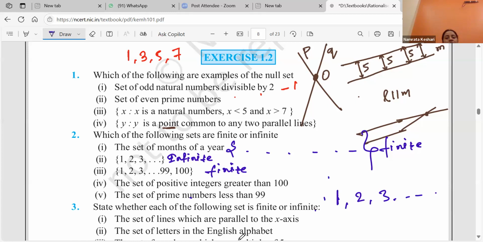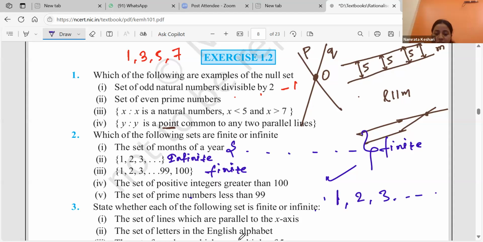We cannot think about integers. If only prime is written, you cannot think about integers. If it says prime integer, then you can think about negative, positive, any number.